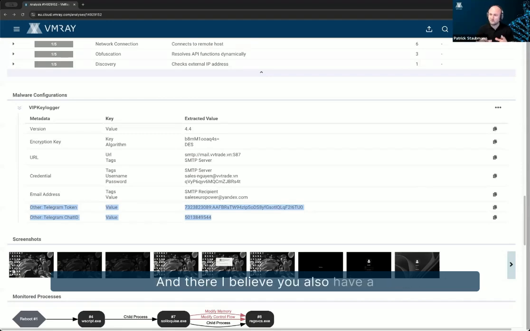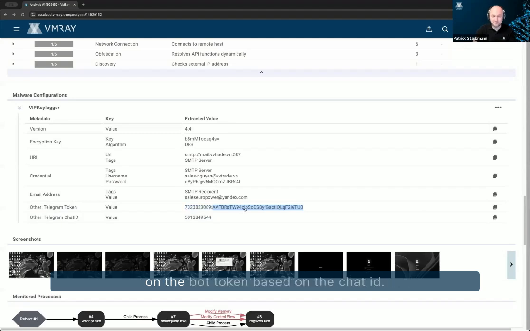And there, I believe you also have a bit of relation, what Erto mentioned before, VIPKeylogger, snake keylogger, right? So there's close relation, and maybe threat actors or operators are even using both of them together at the same time, infiltrating different hosts, but just having one Telegram chat where all of them are actually communicating with, right?